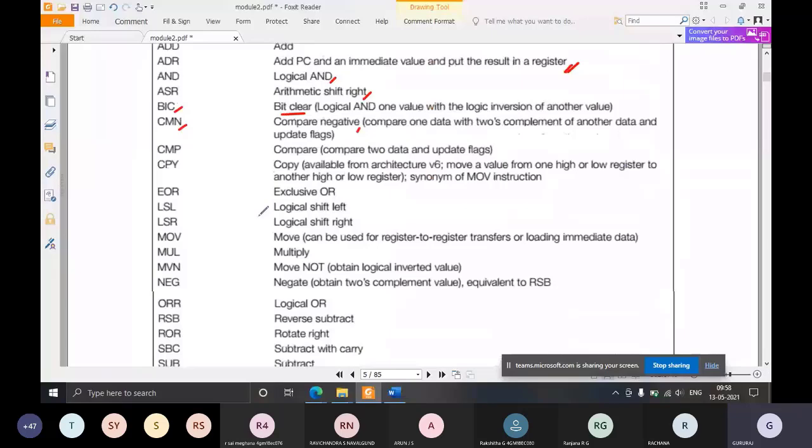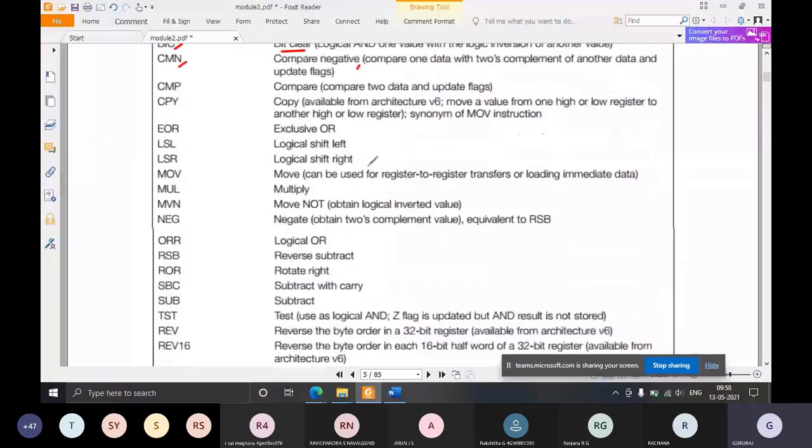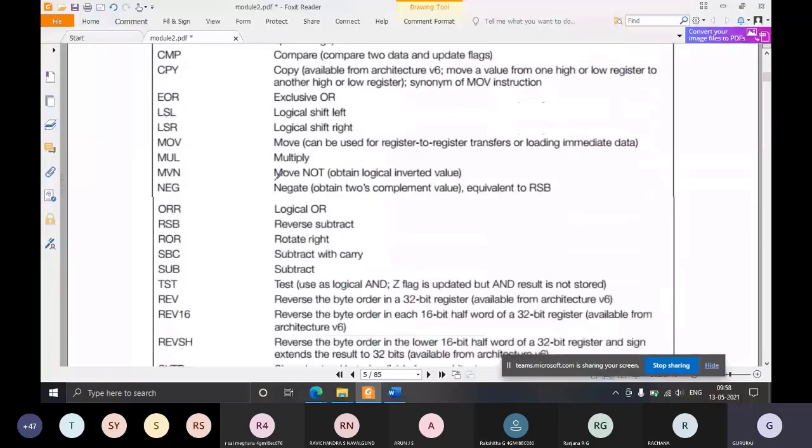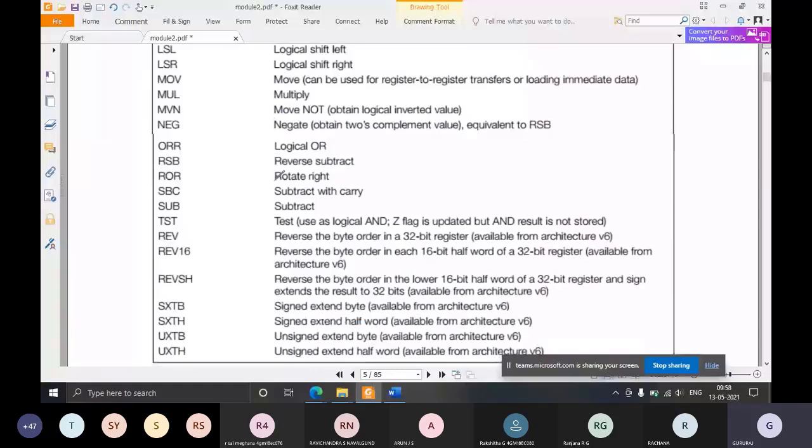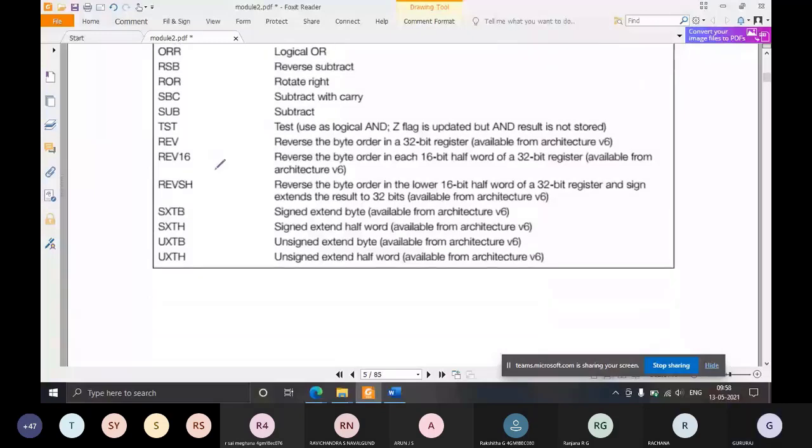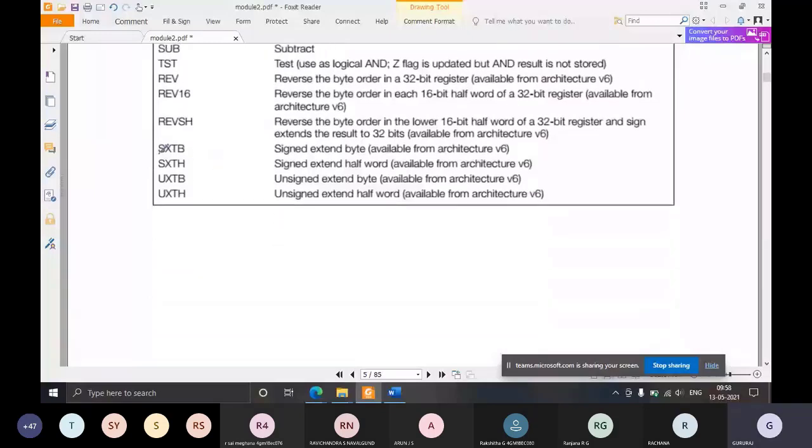LSL, logical shift left, LSR, logical shift right. MOV, move. MUL, multiply. MVN, move not of the data. NEG, negative. Next is SXTB, sign extend byte, sign extend half word, unsigned extend byte, unsigned extend half word.